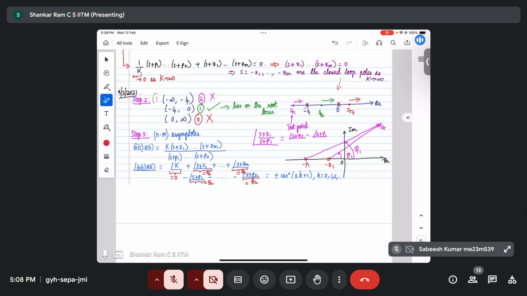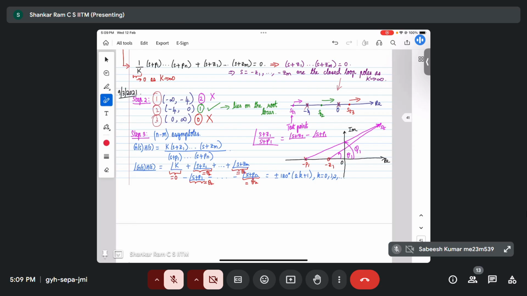The first region is from -infinity to -4. The second region is from -4 to 0. The third region is from 0 to infinity. We look at the regions created by real open loop poles and real open loop zeros. In this particular example, there are no real open loop zeros, so we are only dealing with the real open loop poles.